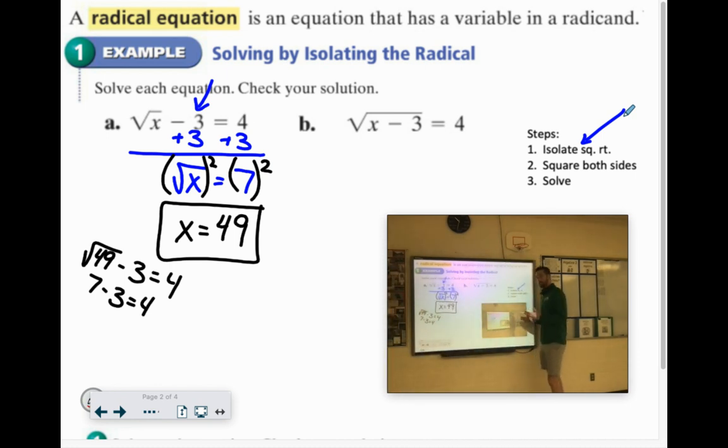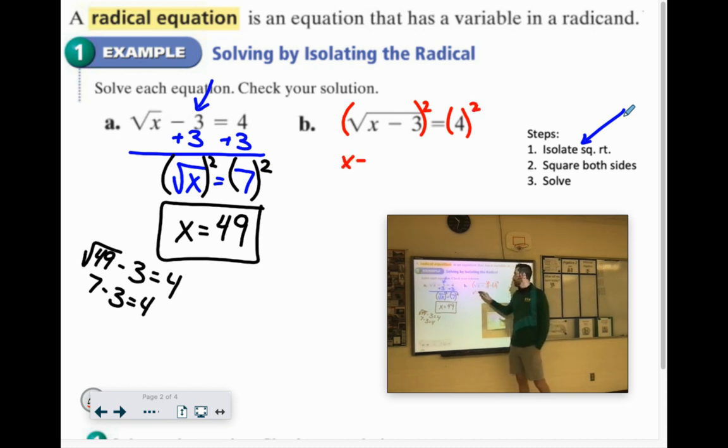Now if you look at B, we've already isolated the square root. It's already the only thing on that side of the equal sign. So we can go ahead and square both sides. All it does is drop the square root, so it becomes x minus 3 equals, and then 4 squared is 16. We just saw what's left, x minus 3, so we add 3.